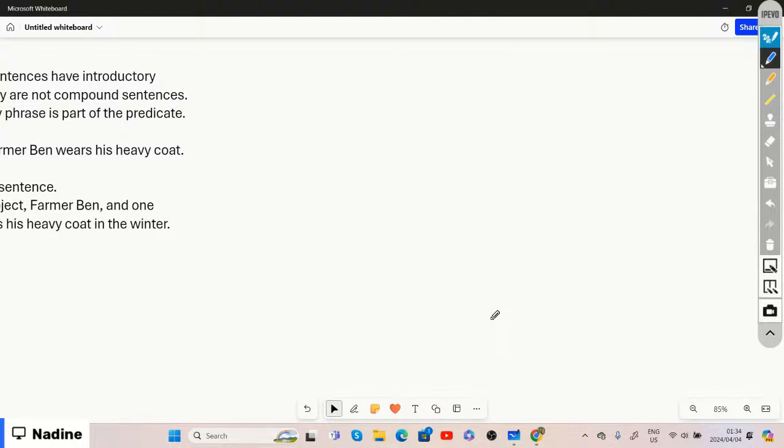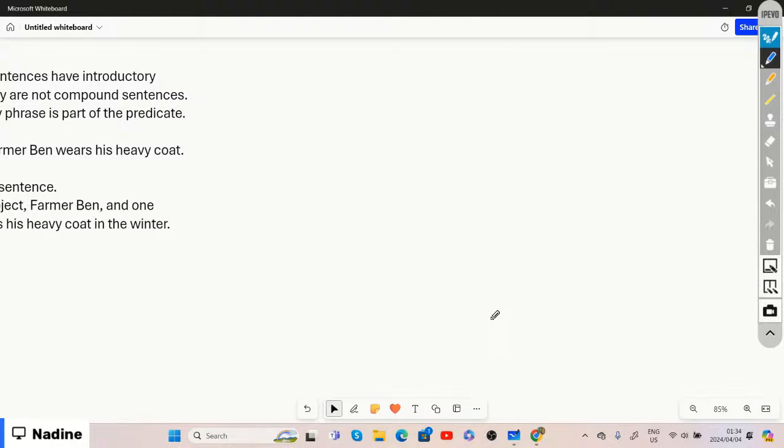There are three different types of conjunctions, actually there are more, but these are the three: coordinating conjunction, subordinating conjunction, and correlative conjunction, right?